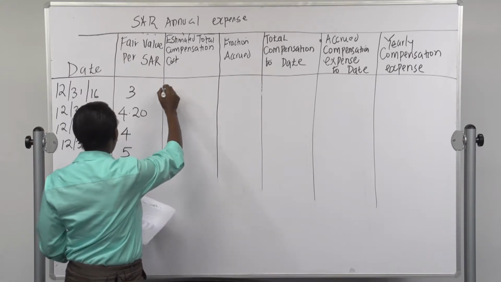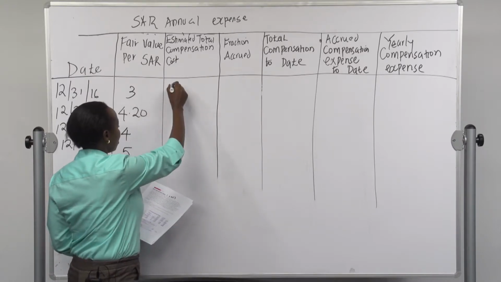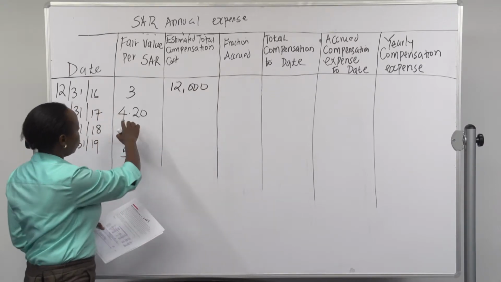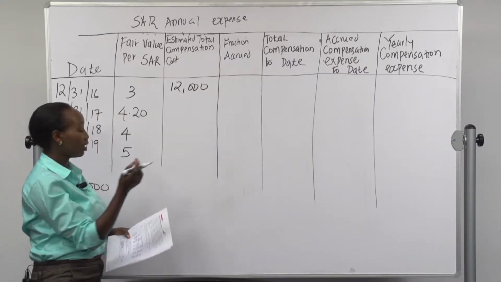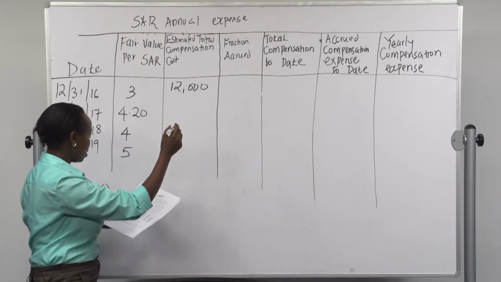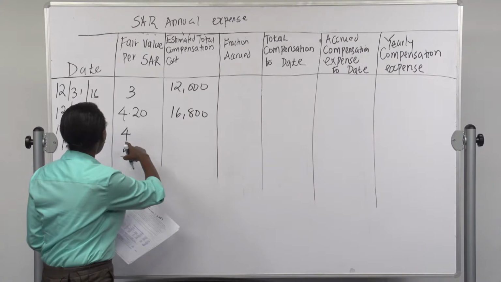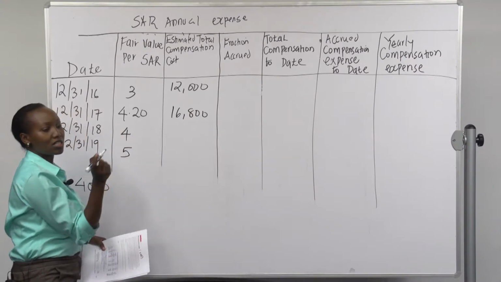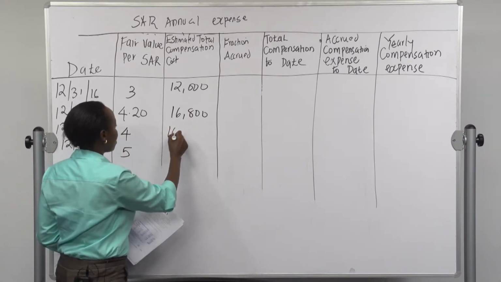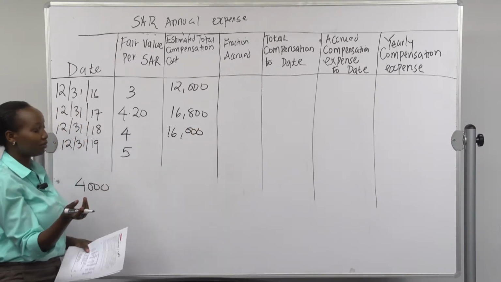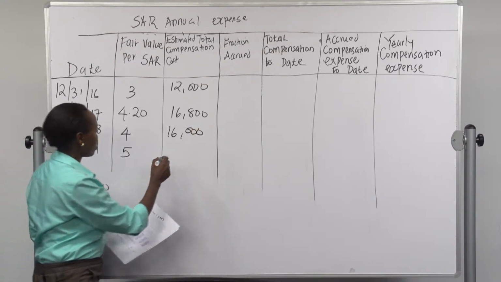So we have 12,000 for 2016, and we'll do 4.20 times 4,000 for 2017. So we have 16,800. For 2018, we have $4 times 4,000, so we have 16,000.